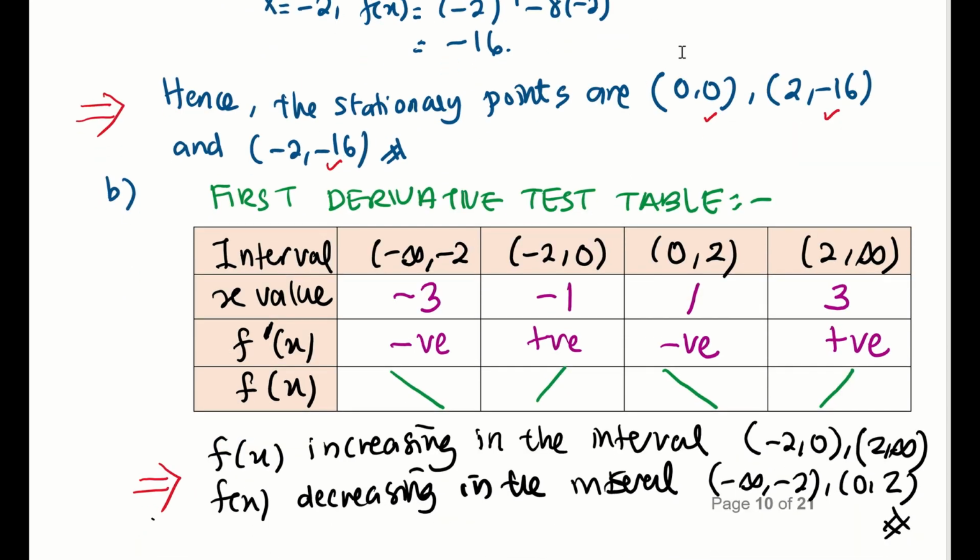Normally, we write the conclusion in the form of a table. So, we draw 4 rows here. The first row is the interval. From negative infinity to infinity, we have to create 4 columns, that is negative infinity to negative 2, negative 2 to 0, 0 to 2, and 2 to infinity.